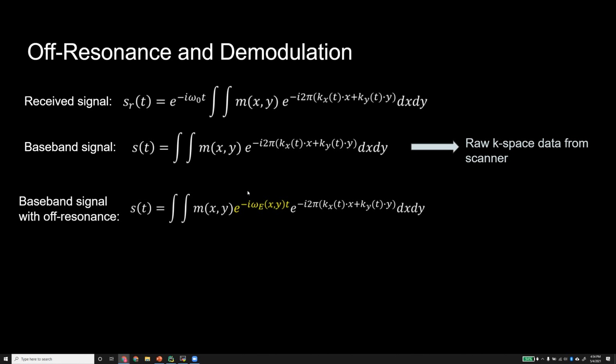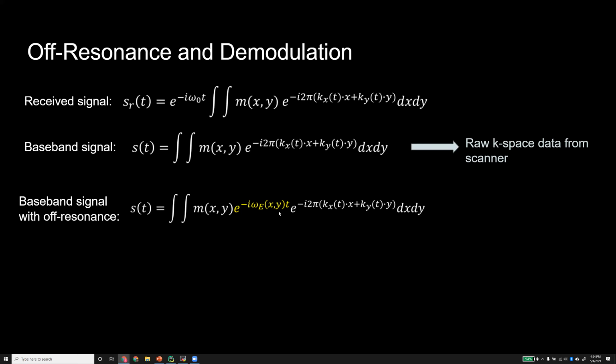But when we have off-resonance, we get this additional term, e to the minus i omega e, where omega e is the frequency offset from omega naught at each pixel. So you have a spatially dependent omega e, and this term accrues phase across the trajectory as you sample in time. And this actually breaks the Fourier relationship with the image.